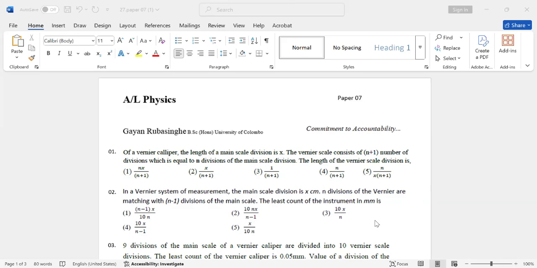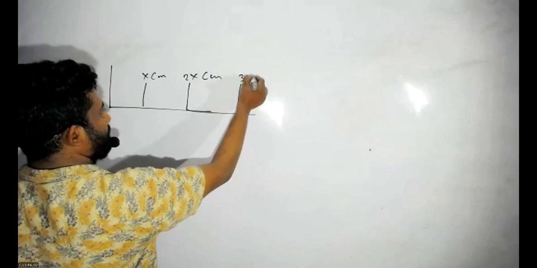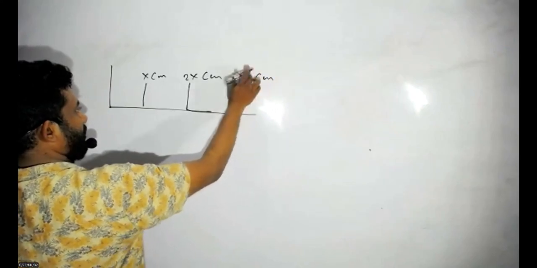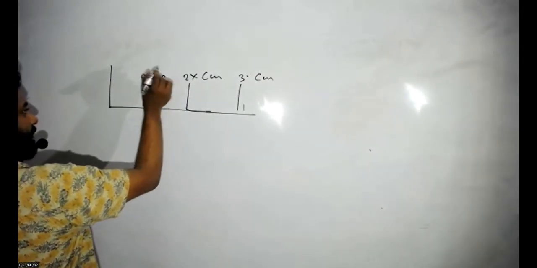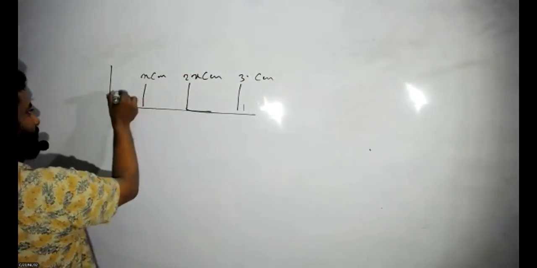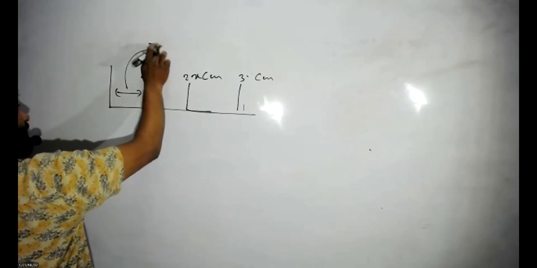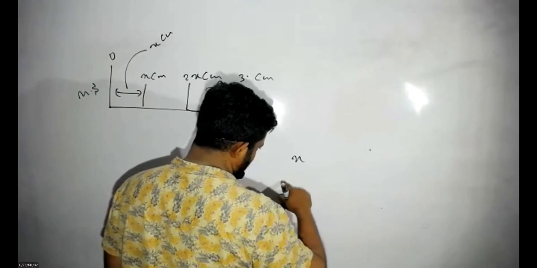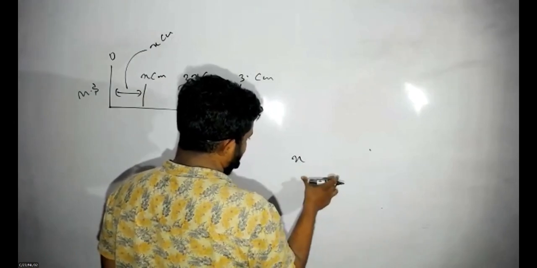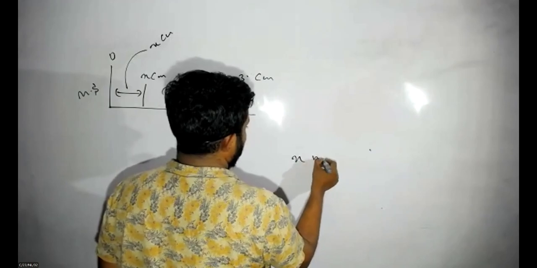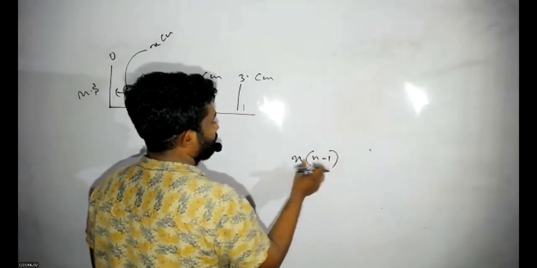The least count of the instrument. Least count, right? That is the length of this x, that is, the length of this main scale division is x centimeter. N number of vernier divisions coincide with n minus 1 number of main scale divisions.